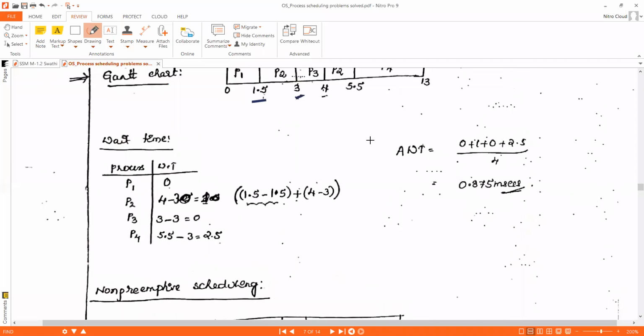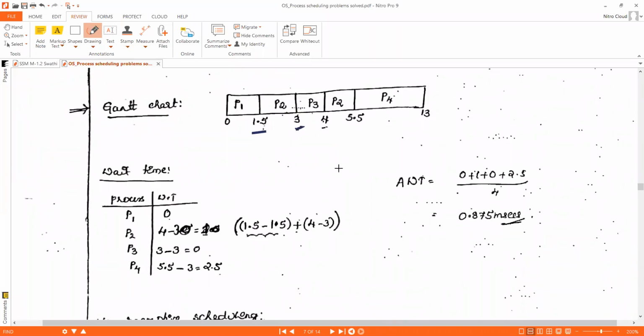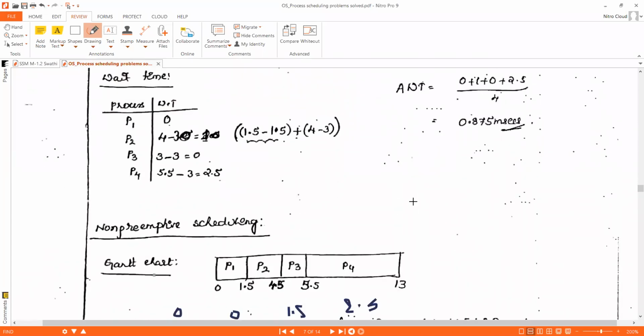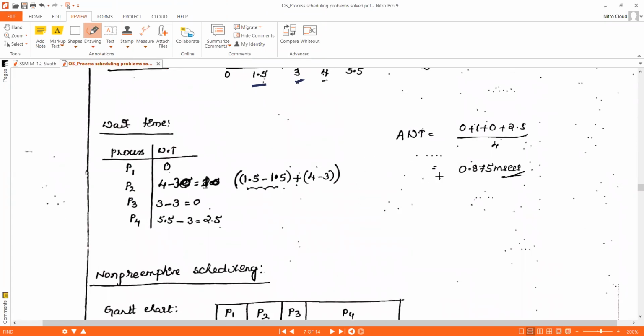Here, using the preemptive scheduling algorithm, our waiting time is less than with the non-preemptive scheduling algorithm. For non-preemptive scheduling, we got 1 millisecond as the average waiting time. For preemptive SJF scheduling, the average waiting time we got is 0.875 milliseconds.